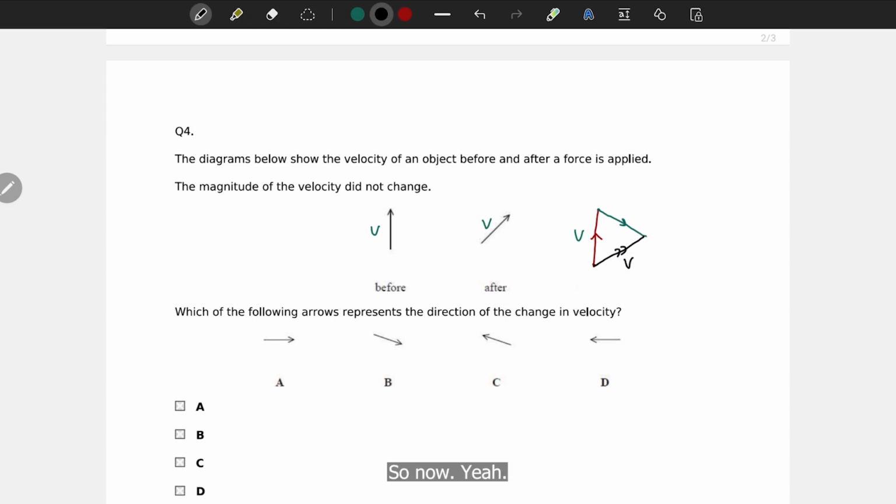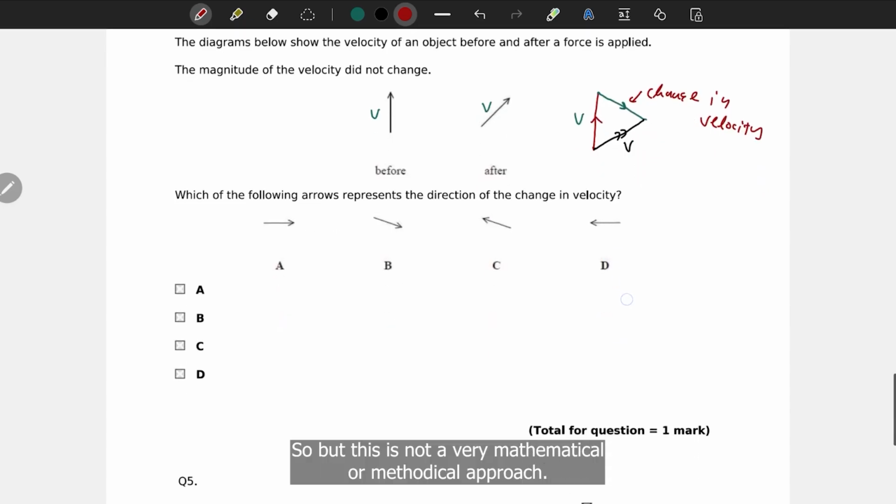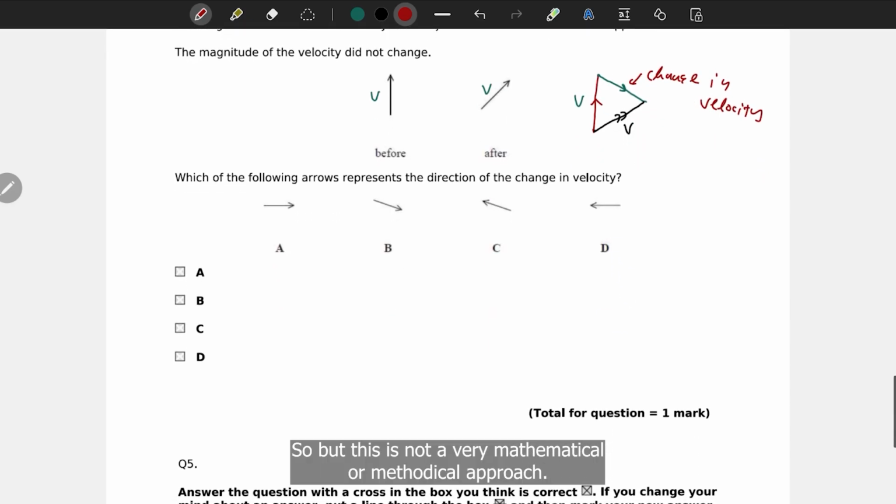So now, yeah, this is our change. Simply, this is a change in velocity, right, which eventually brings the requirement we want, and this is our v. But this is not a very mathematical or methodical approach, so I'm going to use another, a kind of a methodical approach, to get the final answer.